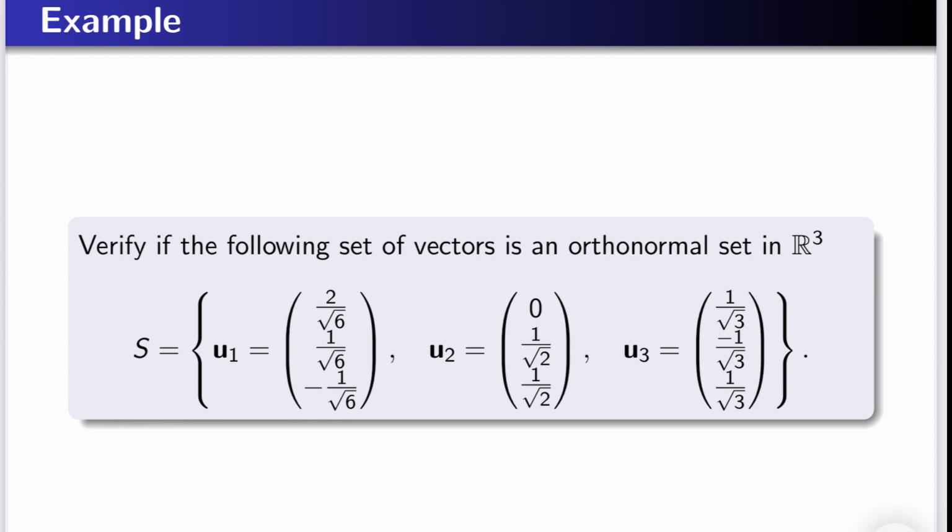So let's try our first example on orthonormal sets. With this question, we have to verify if the following set of vectors is an orthonormal set. All that we need to do is to show that those two conditions are met. First, verify if the norm of u1 is equal to 1. Now let's compute the norm of u1.